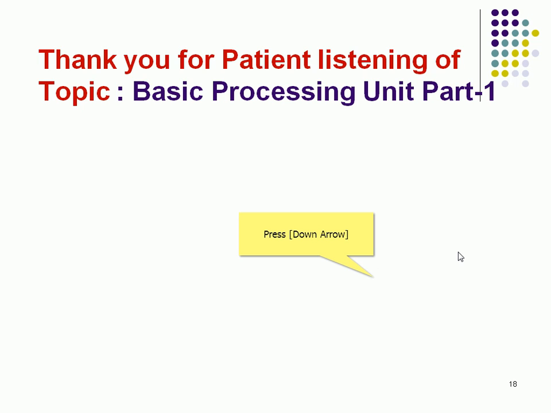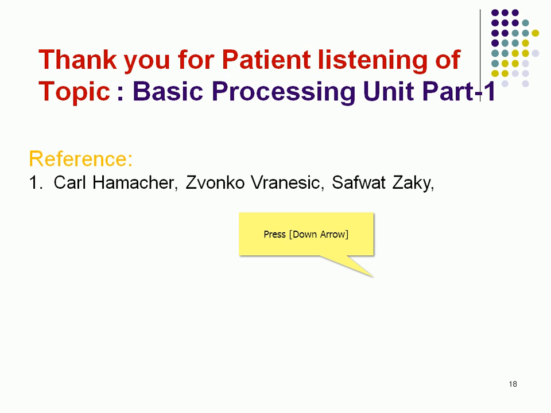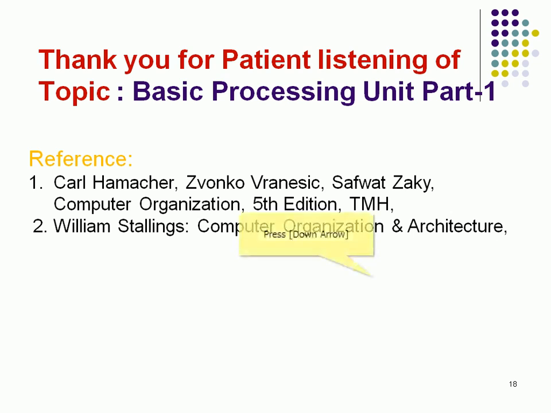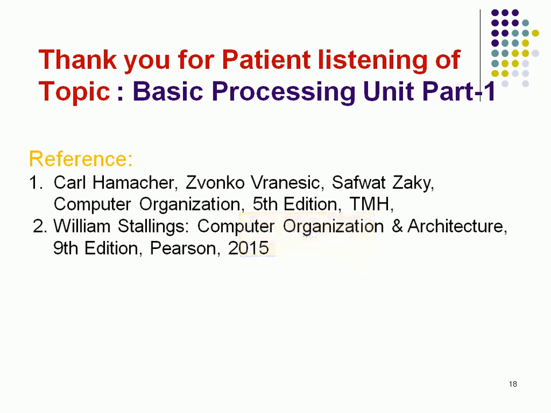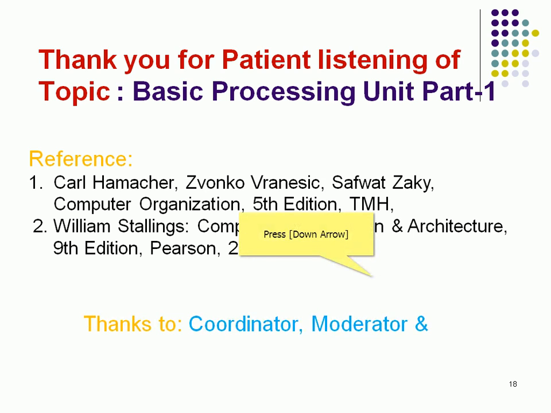I hope it is understandable. The reference books are Carl Hamacher, Vranesic, Zaky et al., Computer Organization, 5th edition, Tata McGraw Hill. Second book, William Stallings, Computer Organization and Architecture, 9th edition, Pearson Education, and other books are also there.